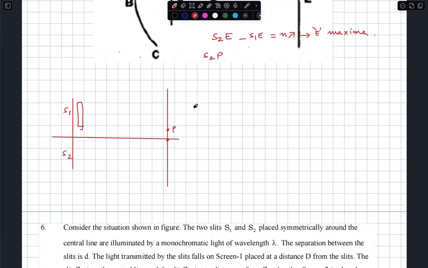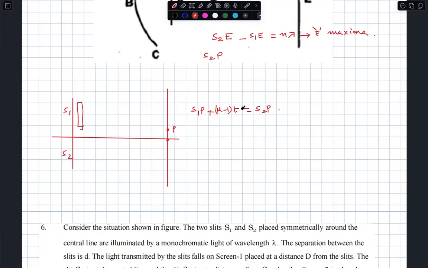See, if this is P, S1P plus mu minus 1 into T is the same as S2P. This is the condition which you want.